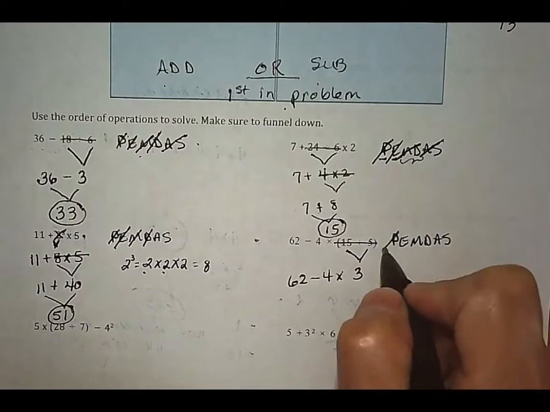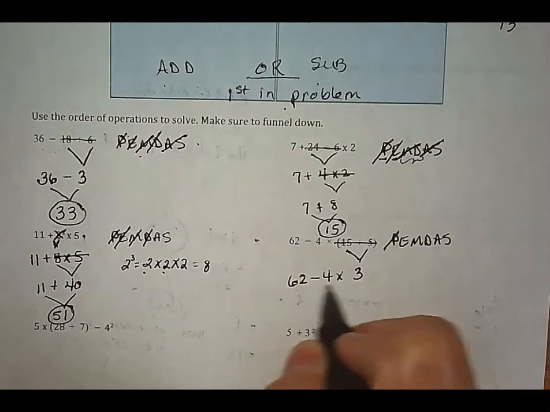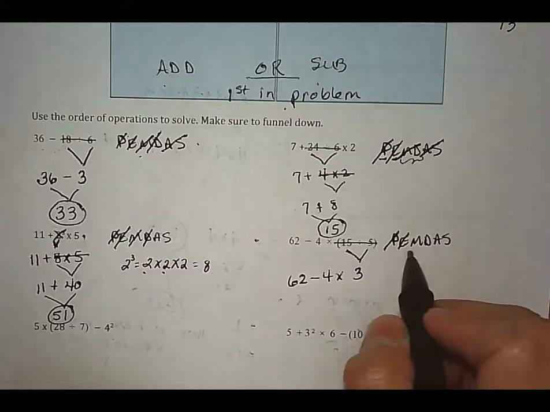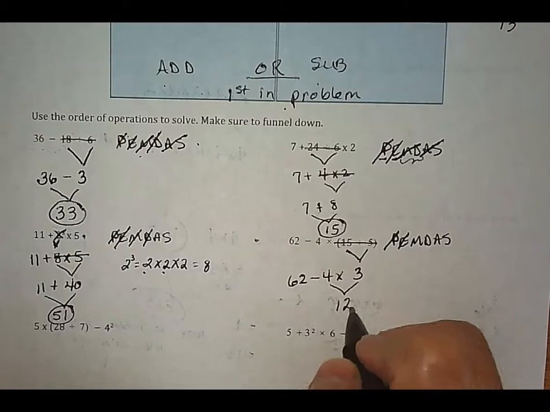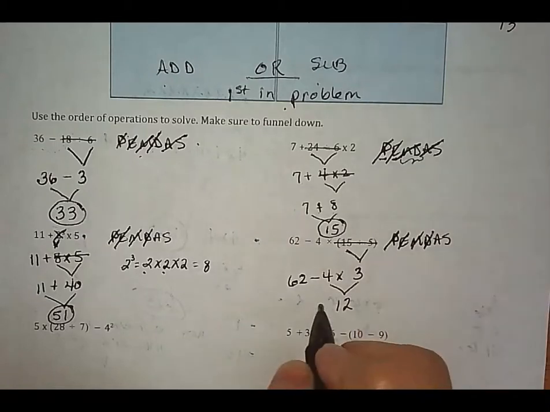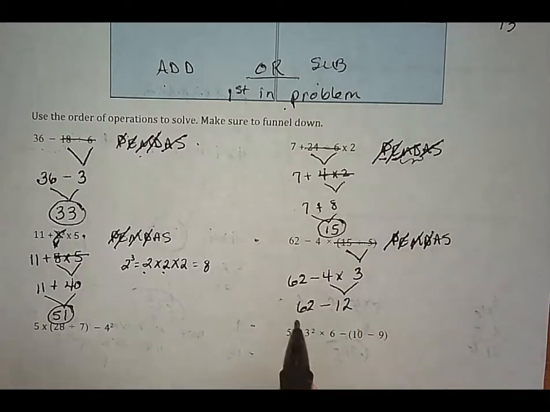So I've taken care of parentheses. Look for exponents. I don't have any exponents here. Look for a multiply or divide. Here I've got a multiply or divide, so 4 times 3 is 12. Taking care of those. Bring down the rest of my problem, and I'm left with 62 minus 12, which I hope you got 50.